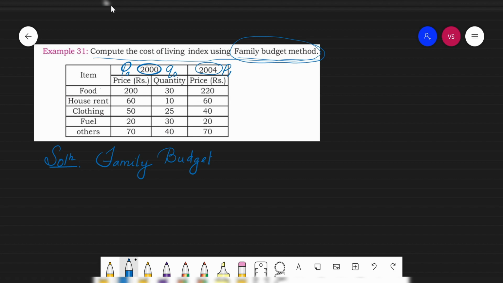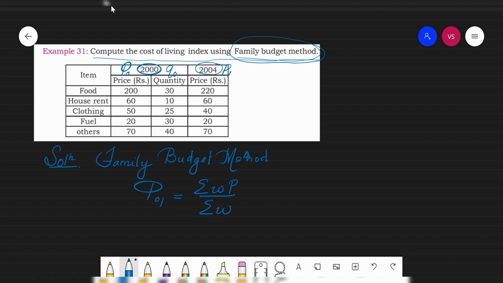That is family budget method, FBM. The formula is P01 equal to summation WP divided by summation W. Is that right, students? Yes, summation WP divided by summation W.